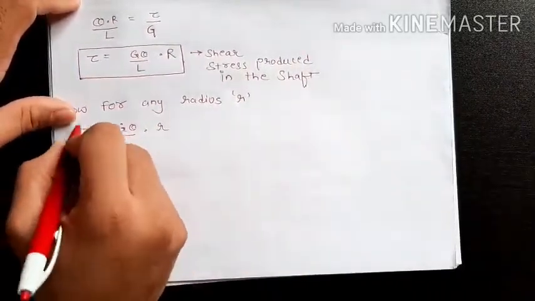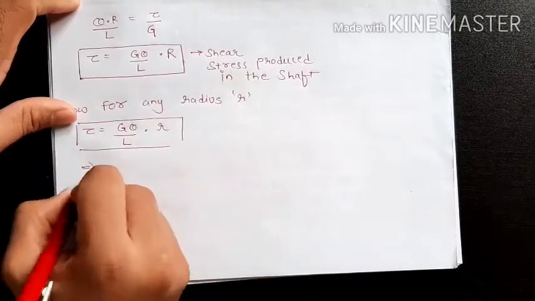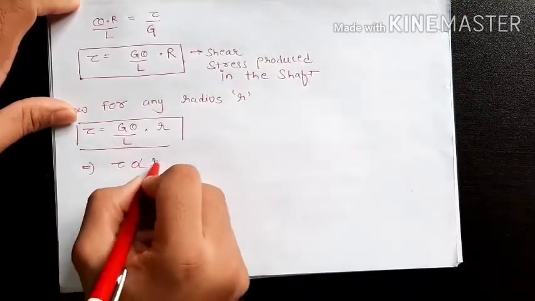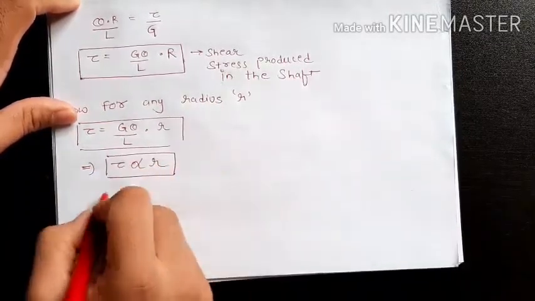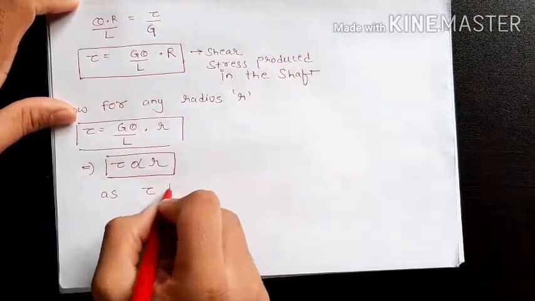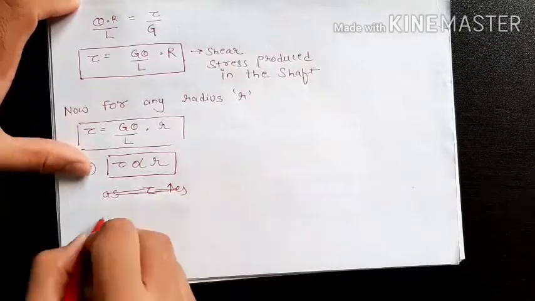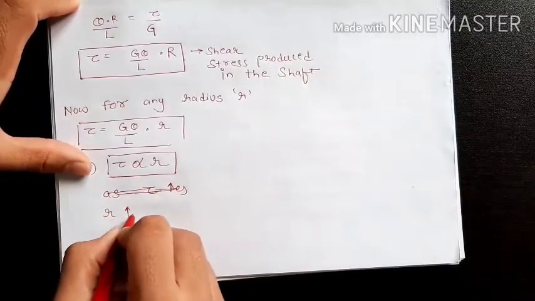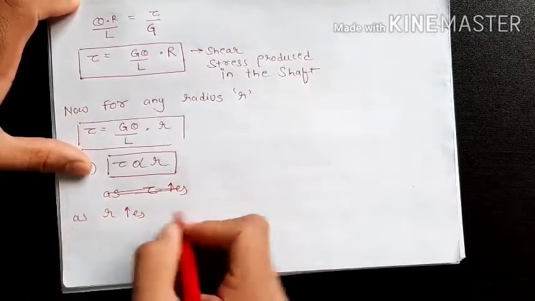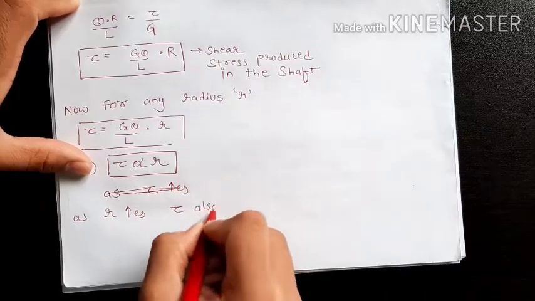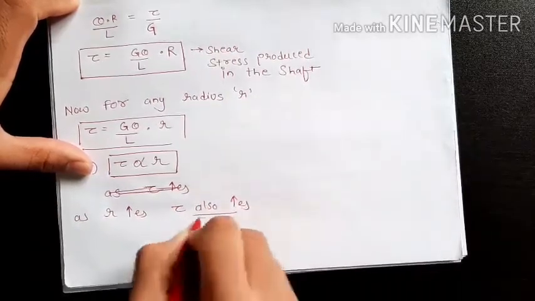So from this equation, we can conclude that tau is directly proportional to r. That means as radius or distance r increases, tau also increases.